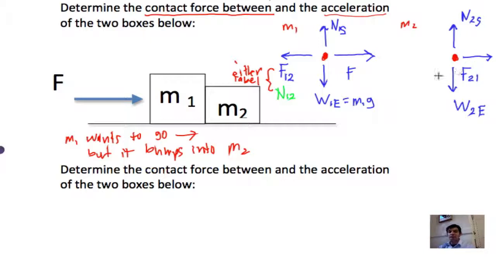Now, this is what Newton's third law actually says, and I'm going to write out Newton's third law right here. So, what Newton's third law actually says is this.